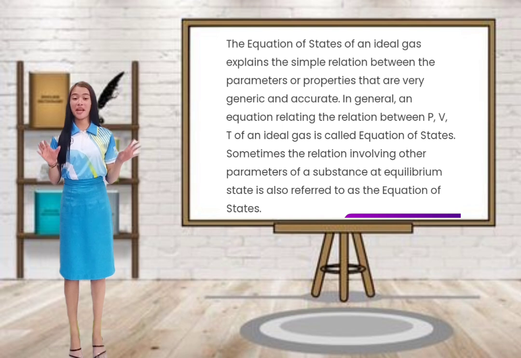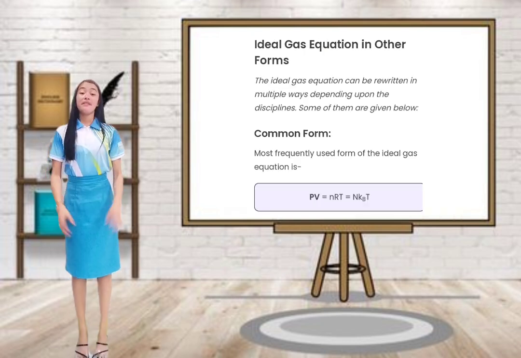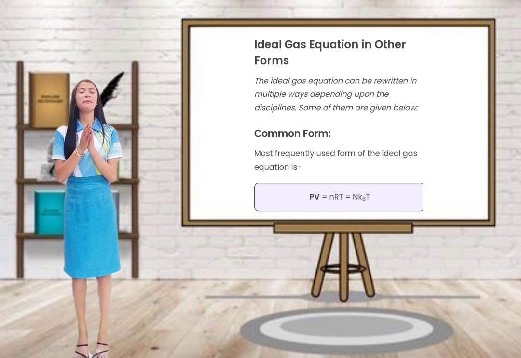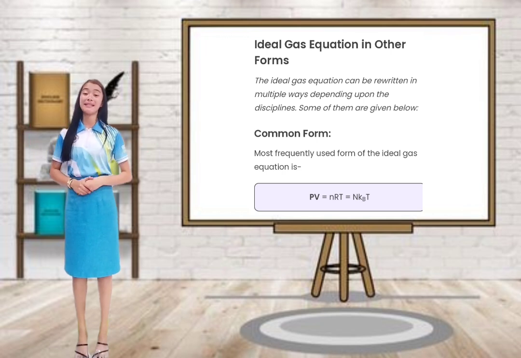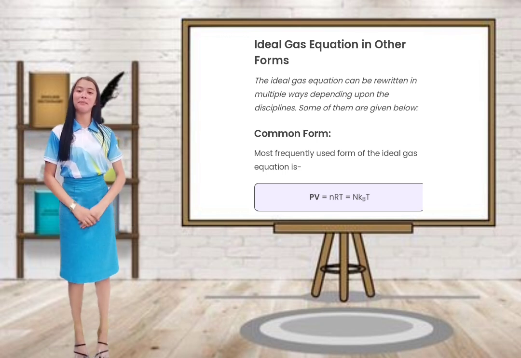The equation of state of an ideal gas explains the simple relation between the parameters or properties that are very generic and accurate. In general, an equation relating P, V, and T of an ideal gas is called an equation of state. The ideal gas equation can be written in multiple ways depending upon its discipline.